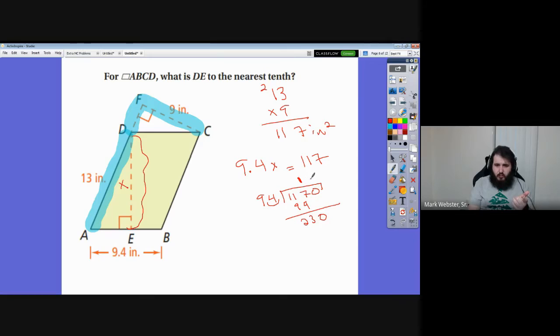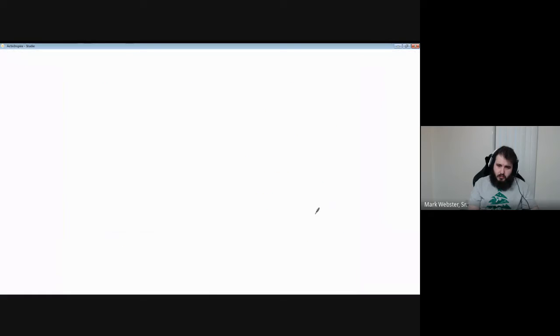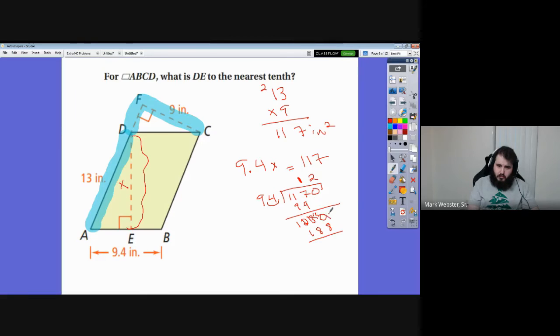That should be it, 2. 10 minus 8 is 2. 12 minus 8 is 4. 1 minus 1 is 0.